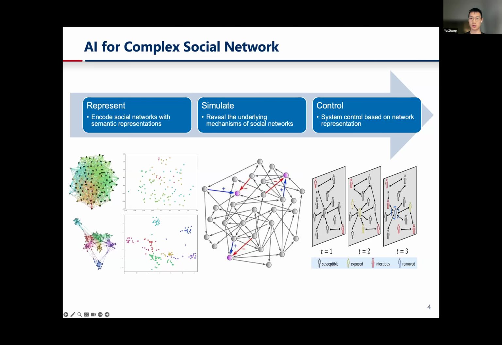Second, AI methods are leveraged to simulate social network dynamics for revealing the underlying mechanisms of social networks. And last, the ultimate goal is to perform system control on real social networks based on the network representations. We will introduce several typical research works on all of these 3 categories.